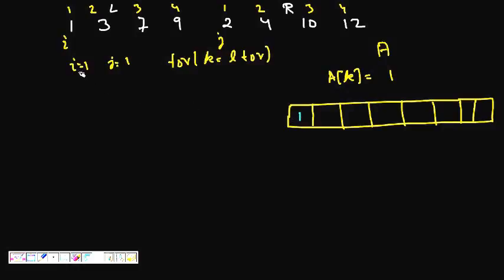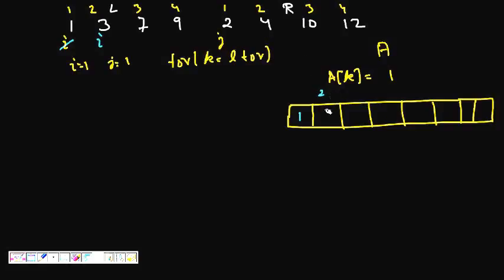Then we increment i and it comes here. Now k is 2. We compare L of i with R of j, and 3 is greater than 2. So R of j is less than L of i, so we copy R of j in A of 2.